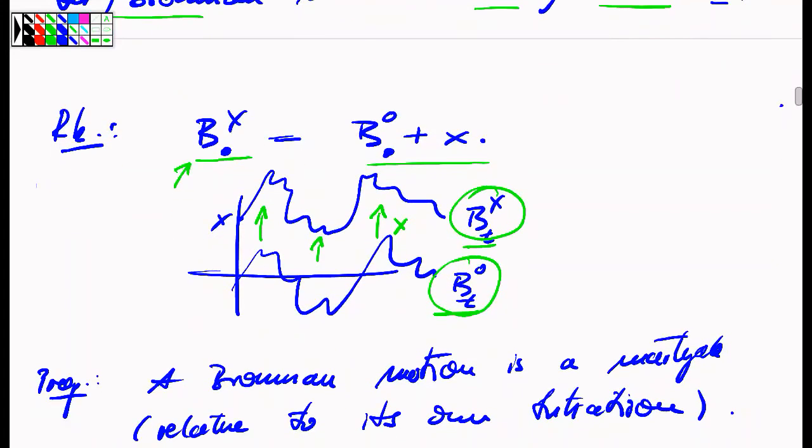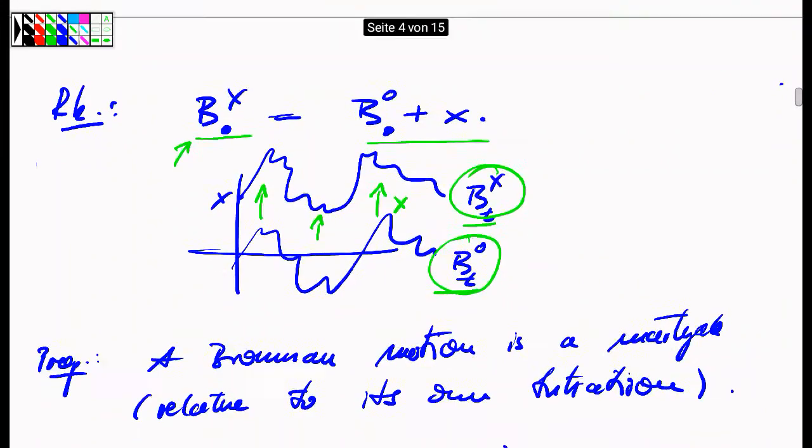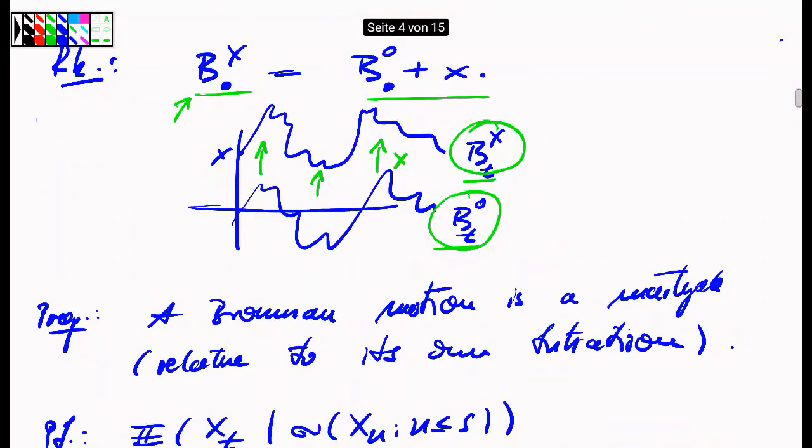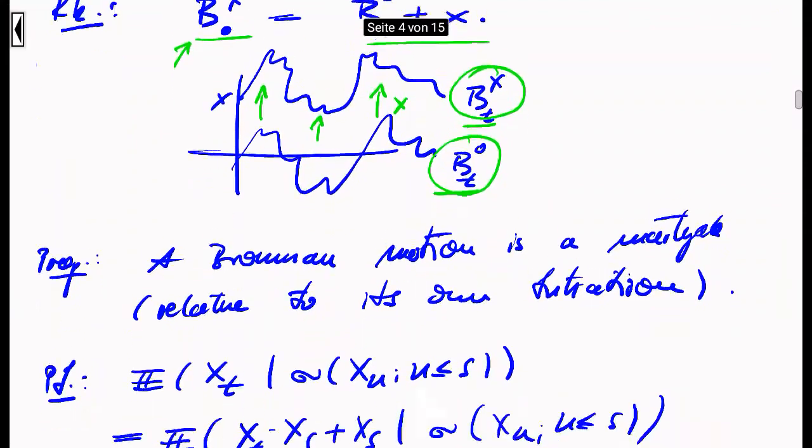And you will see that the statistical properties of the B_t^x process will be exactly as you want, and it will be a realization on the canonical path space.